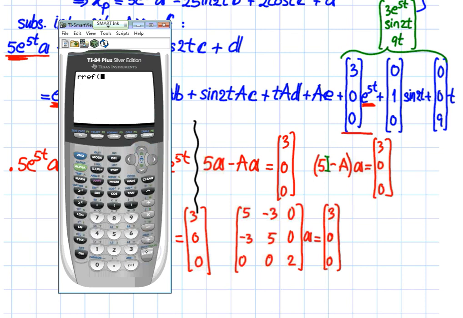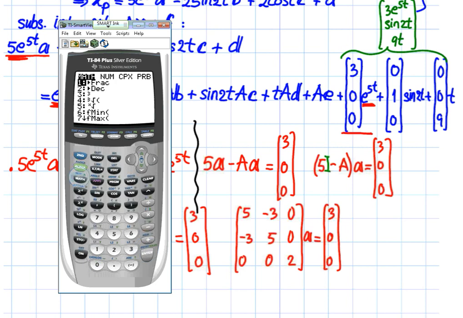Reduced row echelon form, apply to the 3 by 4 matrix, which is good. 5, negative 3, negative 3, 5, 0, 2, and 0.